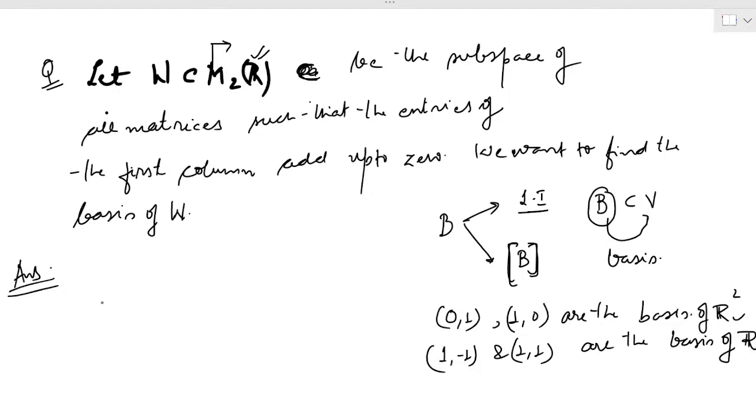Let us start with how to do this particular question. We have seen that W is a subspace, and we want the entries of the first column to sum to 0.